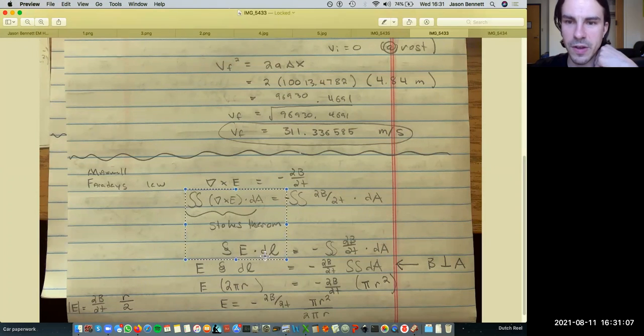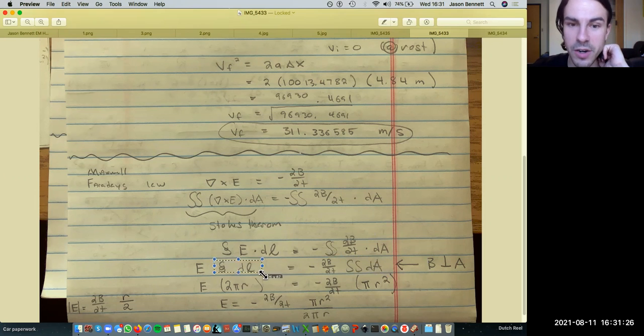So for instance, here I'm pulling out the time derivative of B, in favor of just integrating an area element over the whole surface. If you integrate an area element, it just equals A. So the integral of dA is just A.